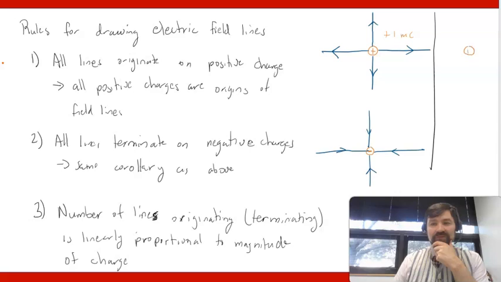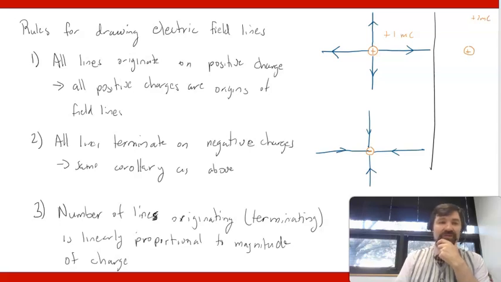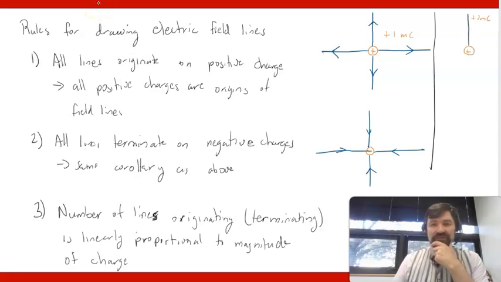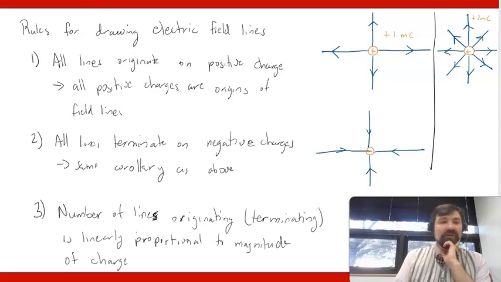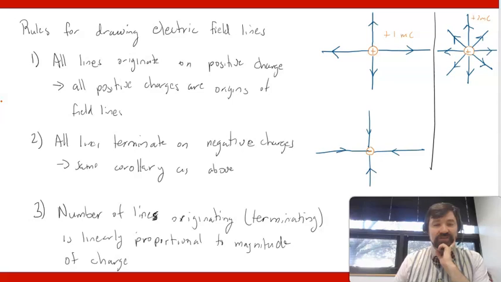Then over here, if I wanted to do plus, and this is +2 millicoulomb, so twice as much charge, then my field lines have to be twice as numerous. And again, for individual point charges, you kind of want them to spread evenly about the charge. So instead of 4 lines as I drew for the first one, I now have 8 lines drawn for the second one. This is kind of an aside, then: arrange lines evenly.